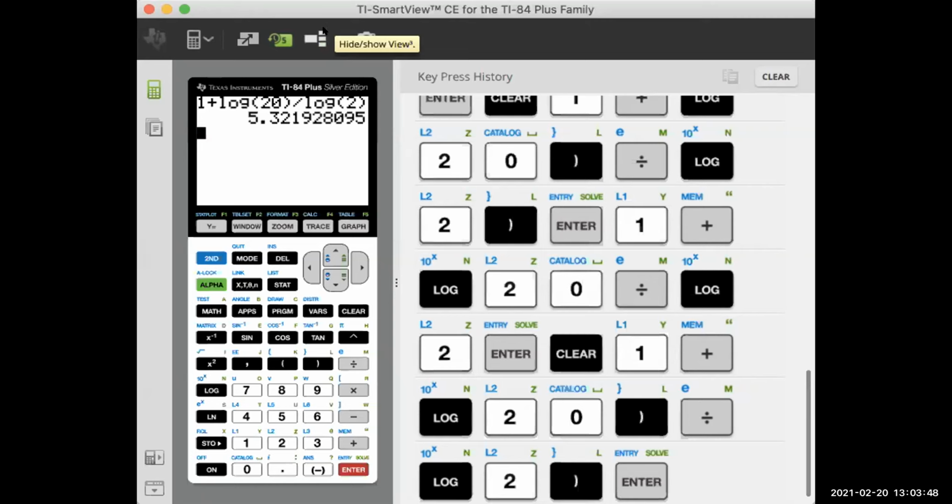So if you get a number different than what I get, check your parentheses. Someone's saying, oh, I didn't realize you had to close the parentheses. Yes, this is why I have you do it yourself, because when you look at me doing it, it's hard to see those little parentheses that I close. Unless you do it yourself, you don't notice. Okay, good. So 5.32. Now let's go back.